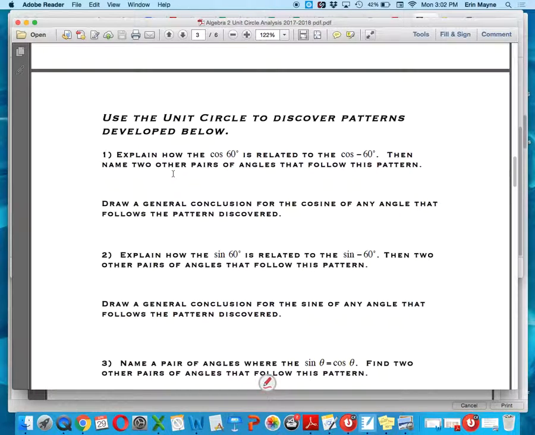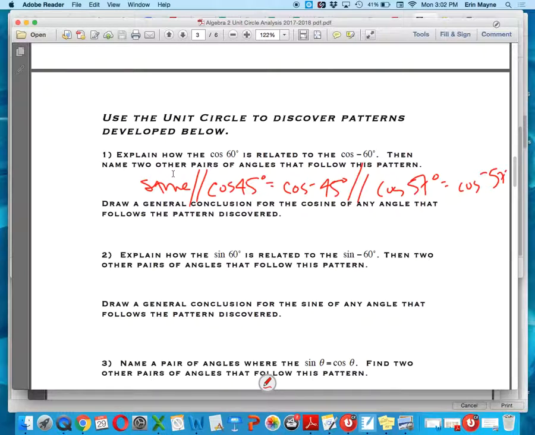Yeah, so you're going to say that they're the same, and if you heard what Jackson just said, if I take the cosine of 45, that's equivalent to the cosine of negative 45 degrees. Make it super random. The cosine of 57 degrees is the cosine of what? Can you follow the pattern? Negative 57 degrees.